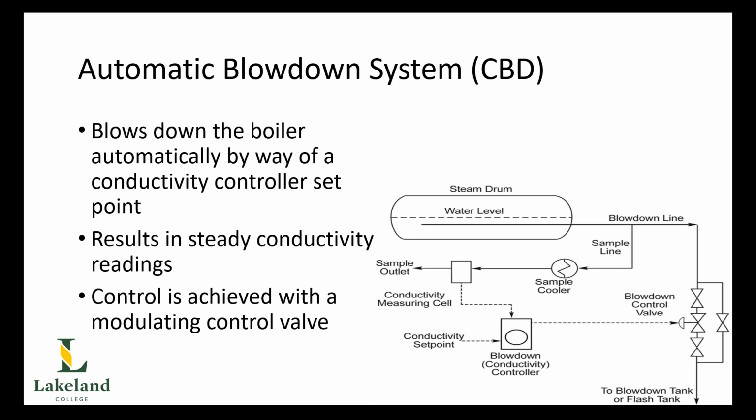So because of that, it's more efficient to put a conductivity controller into this system, and then that controller will determine when the valve will open, and we will only have to blow down the water required to get our set point. In other words, we're not blowing down continuously. We're only blowing down when we need to. This is a massive saving, of course, upon our efficiency.